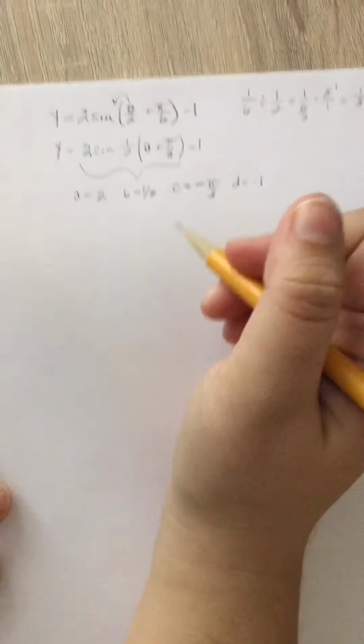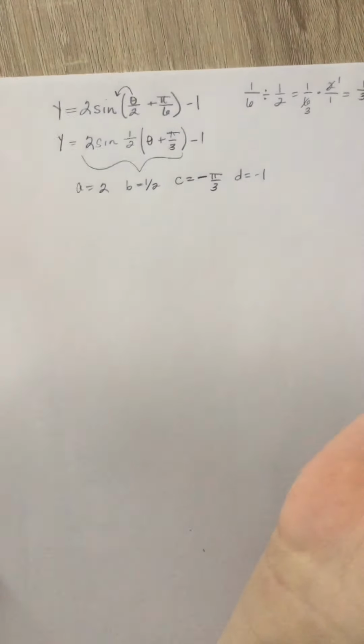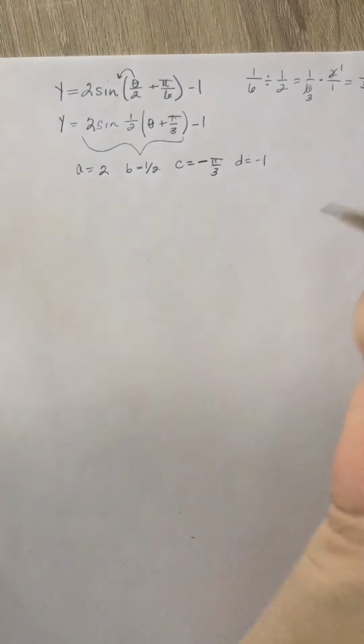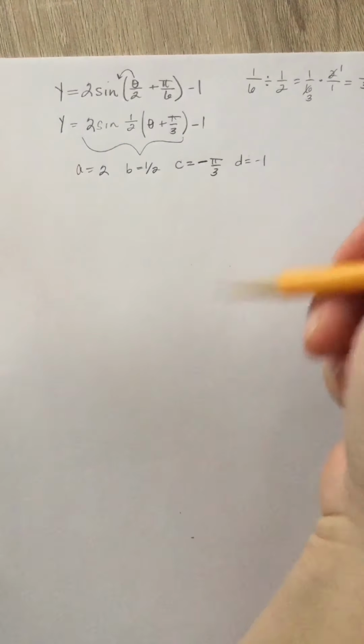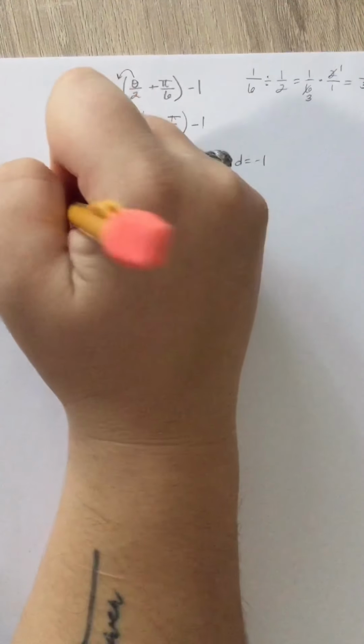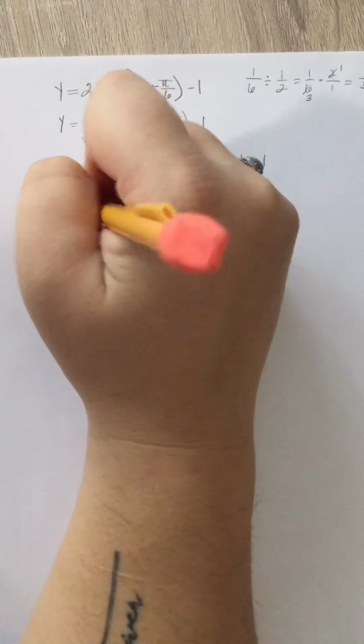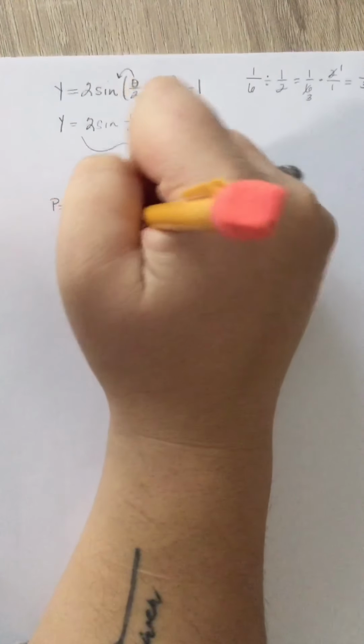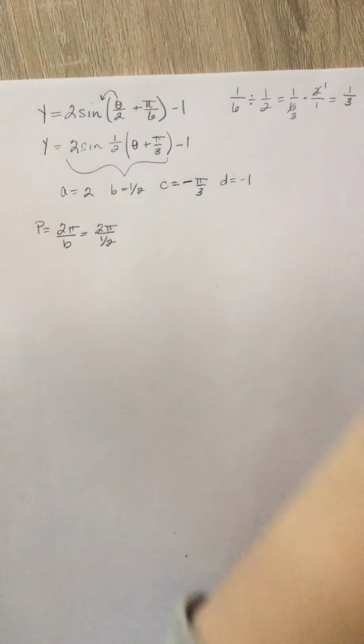So then let's go do all of our characteristics of this sine wave. We have our amplitude, which we already discovered was 2. So that means my max is going to be 2 and my minimum is going to be -2. My period, our formula is 2 pi over b. So 2 pi over 1/2. Let's do some scratch work again.